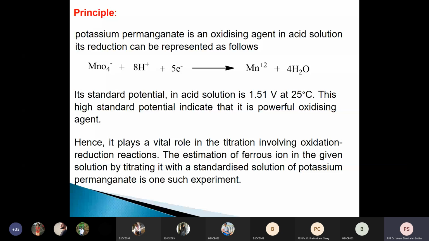You just need some glassware, a burette and pipette, so it's much cheaper than colorimetry. Whatever we do in this experiment, we can also do in colorimetry. But since colorimetry involves equipment and associated cost, we go for permanganometry titrations to estimate the ferrous ions.